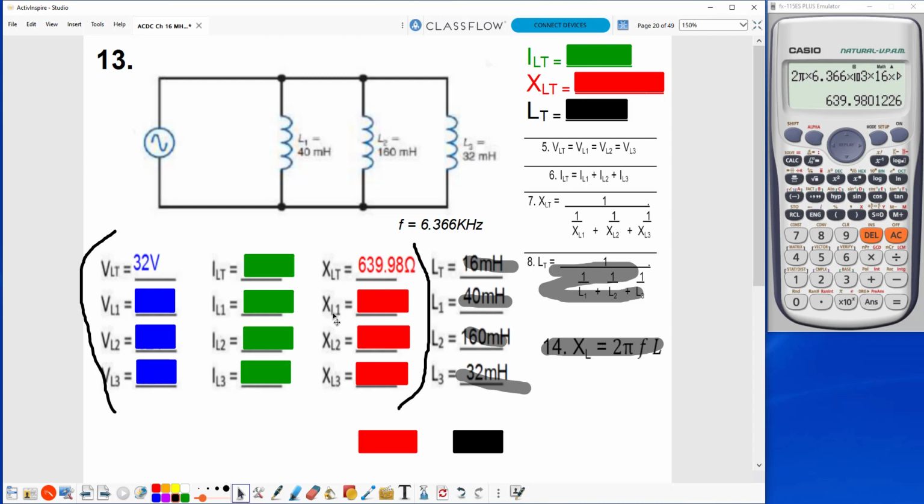Next, I will find XL1. So I will take the formula 2 pi times frequency times, I will change the 16 millihenries to a 40 millihenries, giving me 1.6 k ohms. In order to find XL2, I'll use L2.